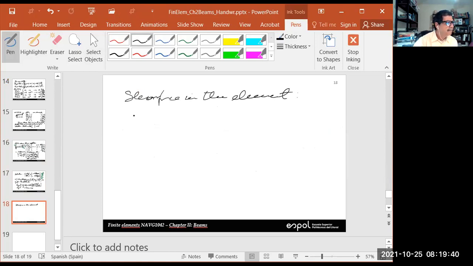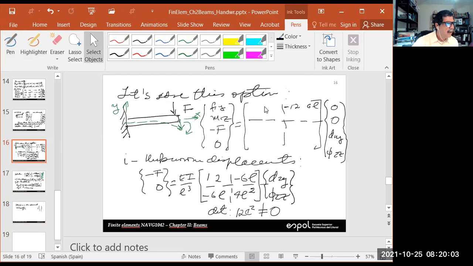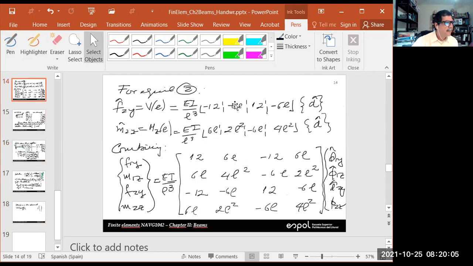So remember, because of the assumption, this is uniform. So it's going to be EI over L cubed. The first two terms are 0, the other are different than 0. And these two terms, let me go back because I forgot here.